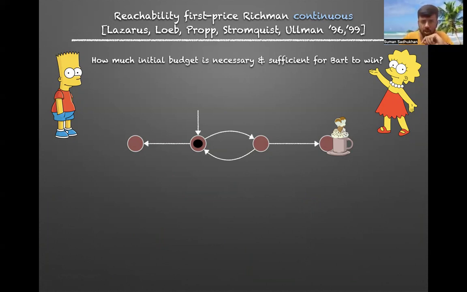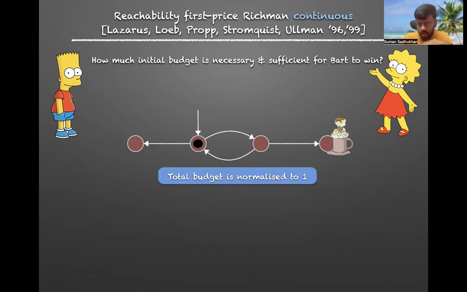Sorry, I can't show the pointers. This is a technical problem. Because we are talking about continuous bidding games here, the total budget is normalized to 1. So I'm asking what budget is needed for Bart to win this game.